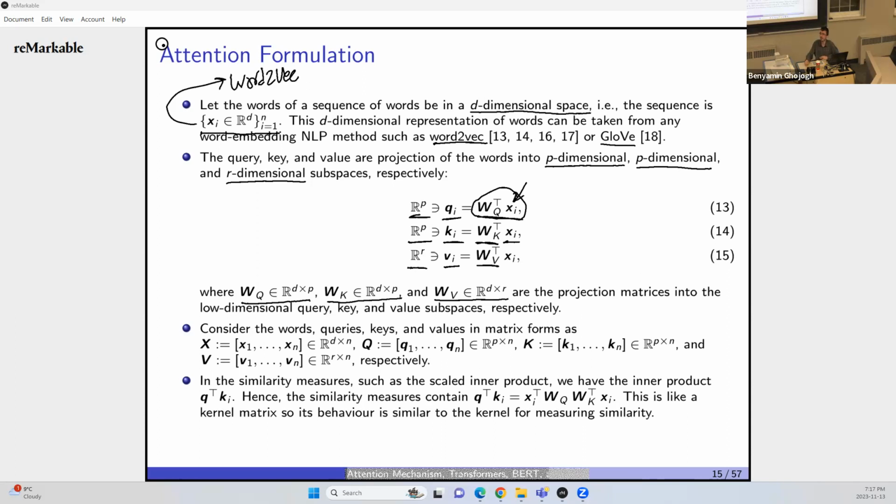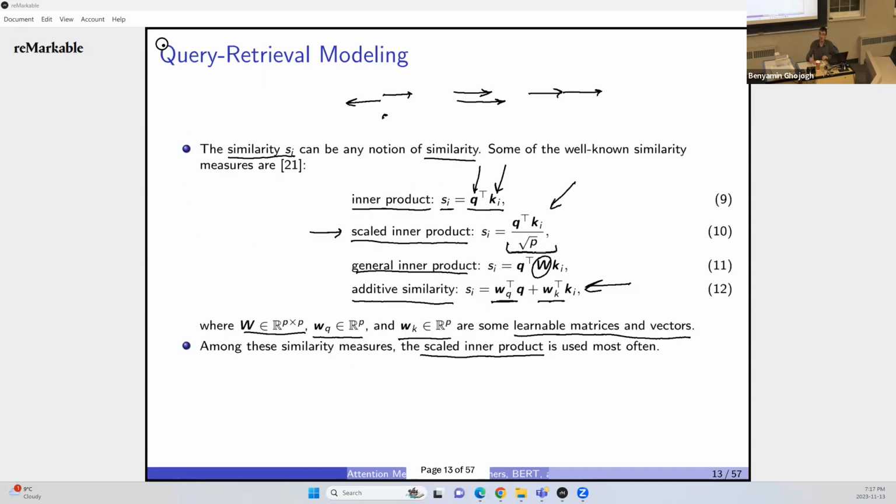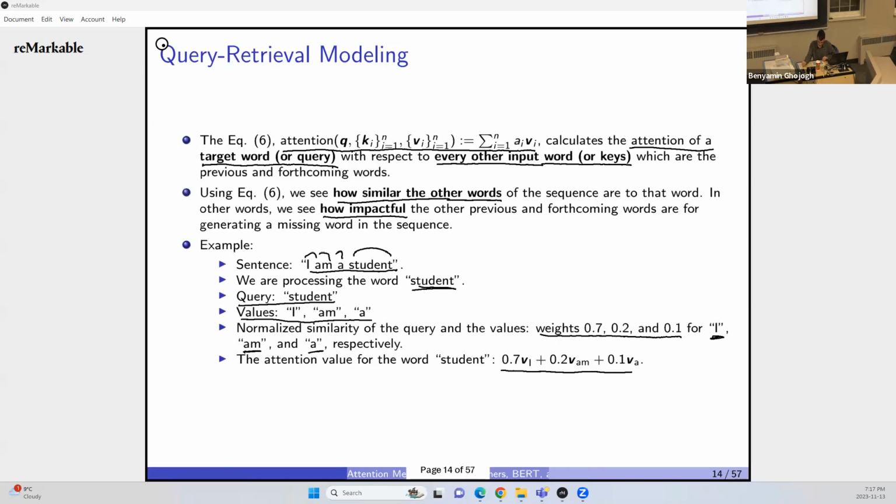Can you tell me why query and key should have the same number of dimensions, but value has a different number of dimensions? Why should these two be equal in terms of dimensionality? Because as you saw, we need to calculate the inner product of query and key, so they must have the same dimensionality. But value can have a different dimension.